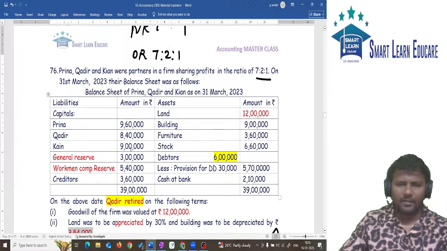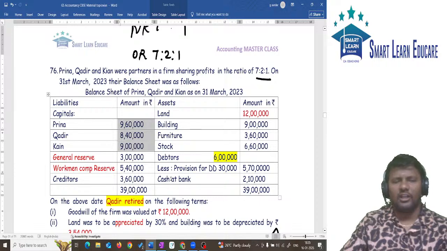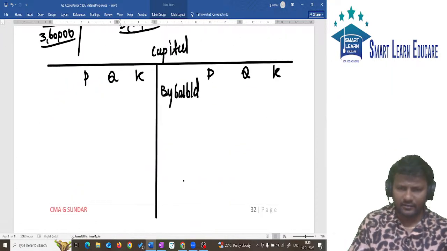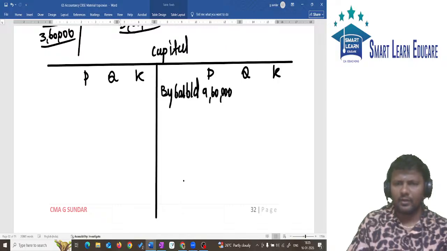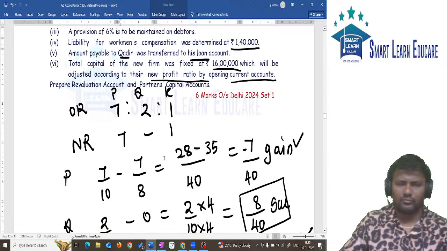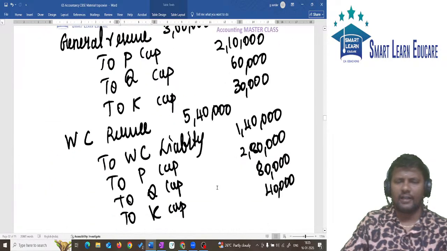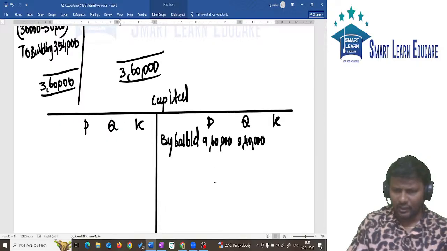What is the opening balance of partners capital? 9,60,000, 8,40,000, and 9 lakh. So first entry over, balance brought down over.